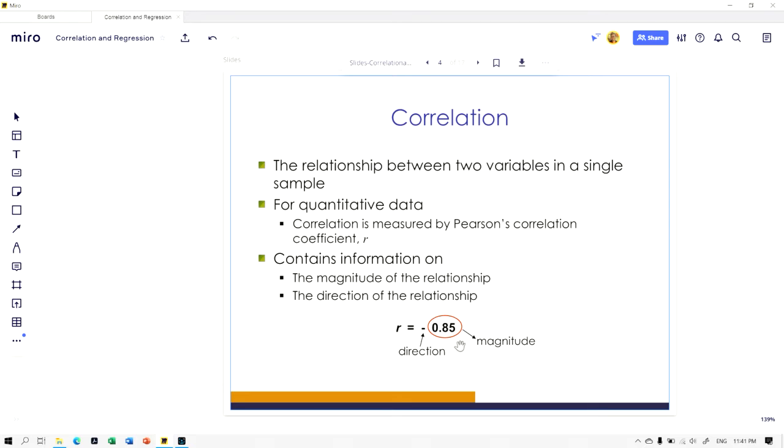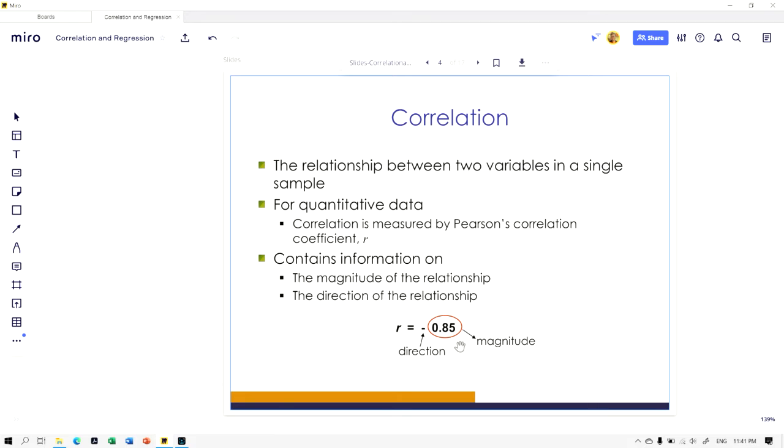If it is positive, we say that the relationship is directly related, and if it is a negative number, we say that the relationship is inversely related.